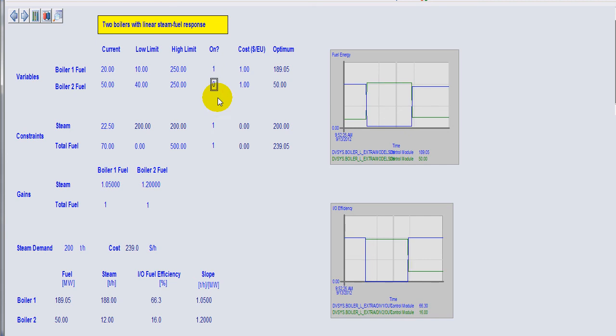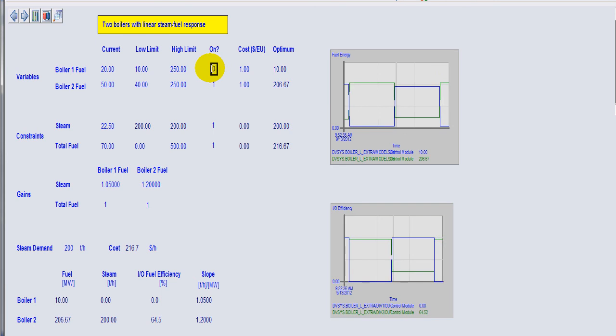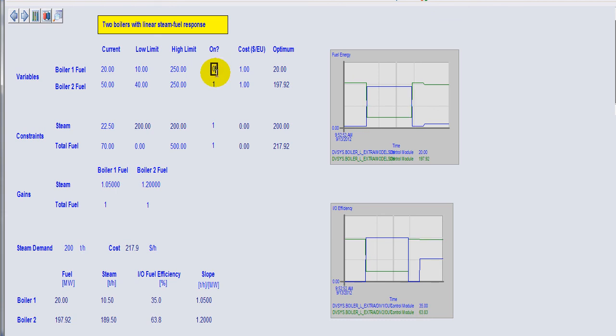If we now put boiler 1, the less efficient boiler, offline, then we notice that the cost of steam generation is improved. That is, we're reducing the cost of steam generation by going with the boiler with the higher incremental efficiency in generation.